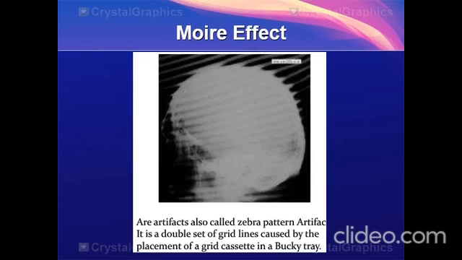Moire effect, also called a zebra effect or zebra artifact or zebra pattern artifact. Dahil yan sa mga grid lines. Caused by placement of a grid in a bucky tray. Kasi yung bucky tray, meron na siyang built-in grid, so naglagay ka pa ulit ng grid. So, doble-doble na.